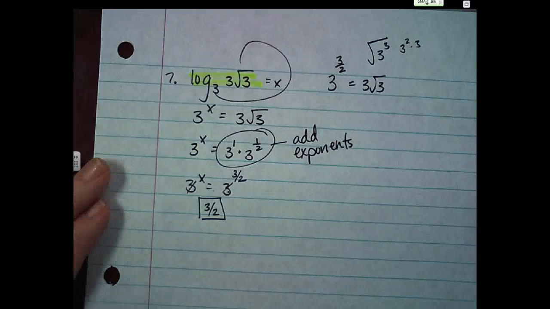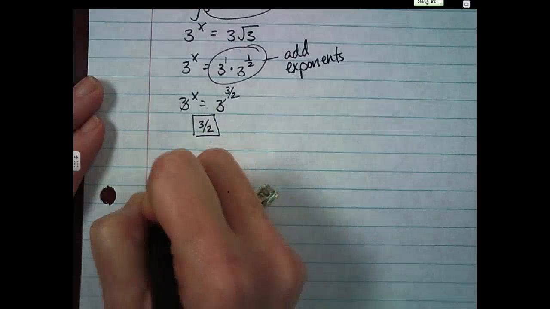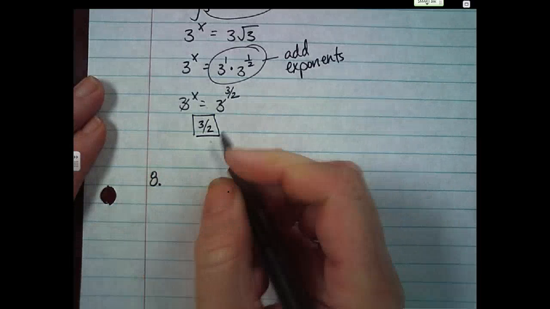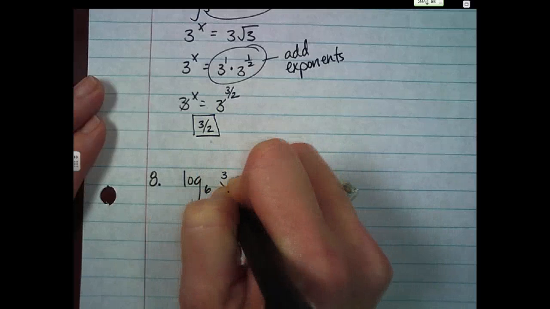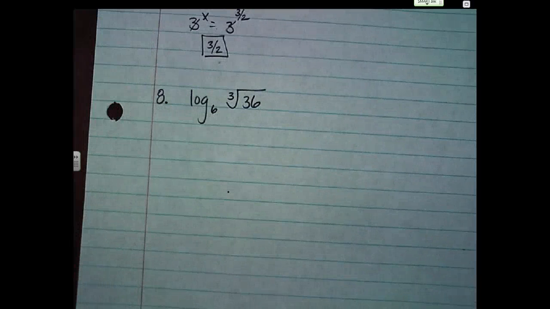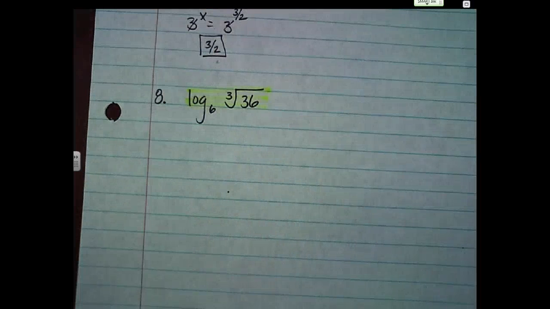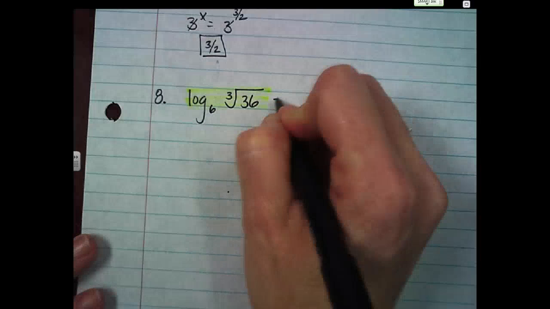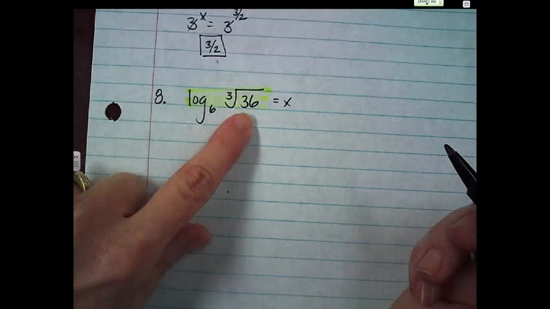Okay, now then, number 8. Log base 6 of the cube root of 36. How am I going to get from 6 to the cube root of 36?